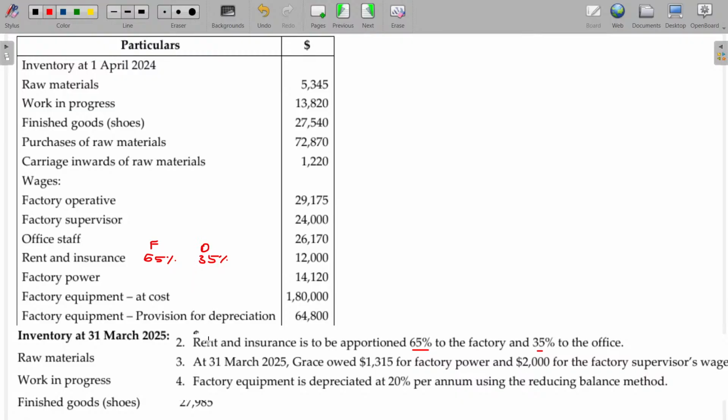Office related. On 31st March 25, Grace owed $13.15 for factory power and $2,000 for factory supervisors wages. There's an outstanding for the factory power, 13.15 being the outstanding, and 2,000 being the outstanding for the factory supervisor.